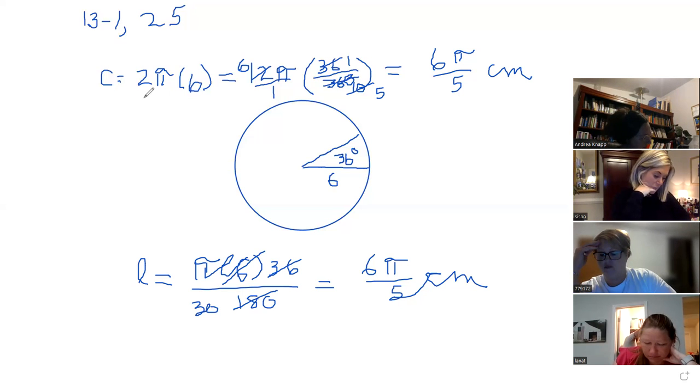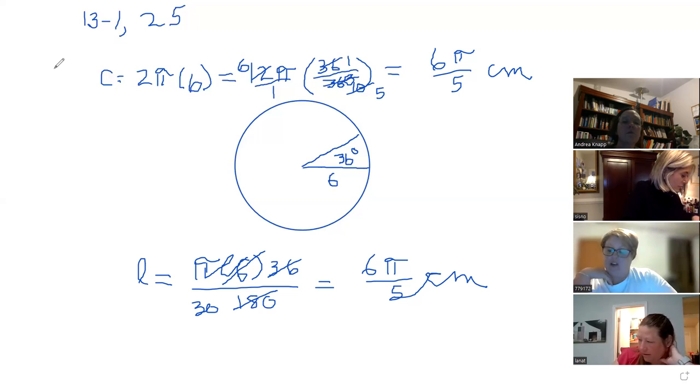Okay, so that one was 25A. Part B. Explain why you think that the arc in part A is longer or shorter if the radius had been 8 centimeters.